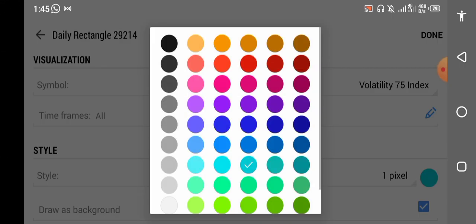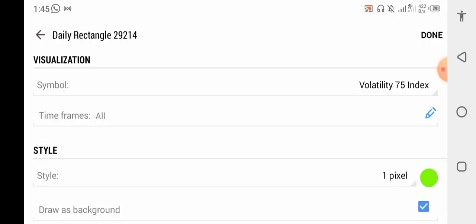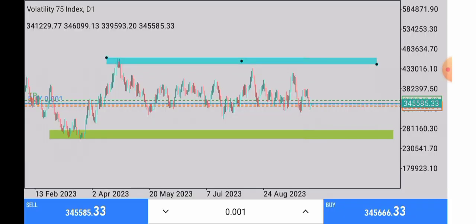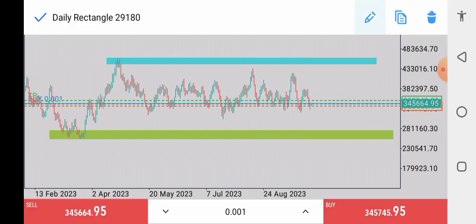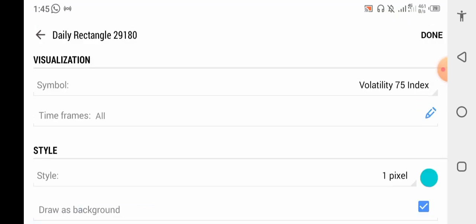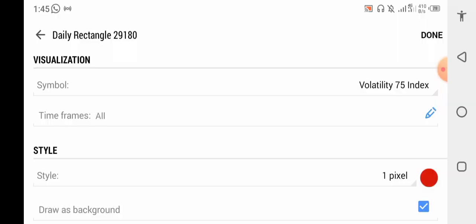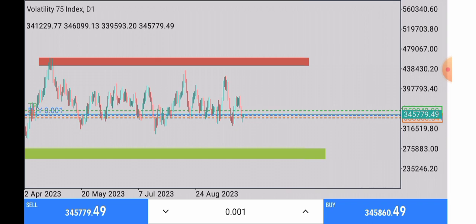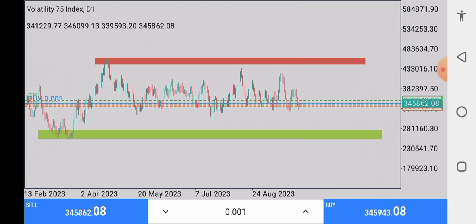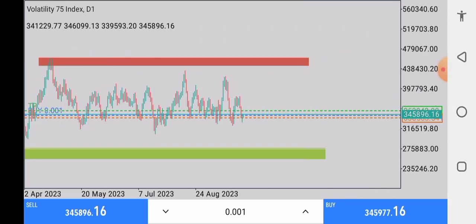Okay, it's already green, but let me use this color for the support, and for the resistance let me use red. It's actually how I choose my colors. Everything relating to sell I use red, and anything relating to buy I use green.